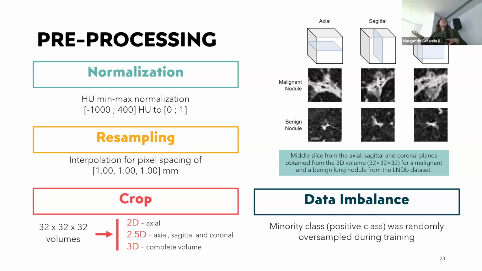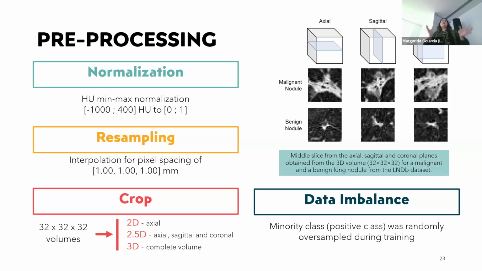For preprocessing, HU normalization. I don't know if you all know what HU is, but basically each pixel of a CT scan is the result of how the X-rays were attenuated by the type of tissue that we have in our body. Each value has a meaning in the scale of Hounsfield units.